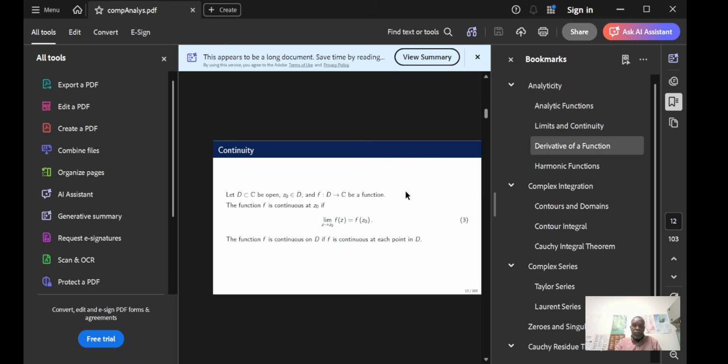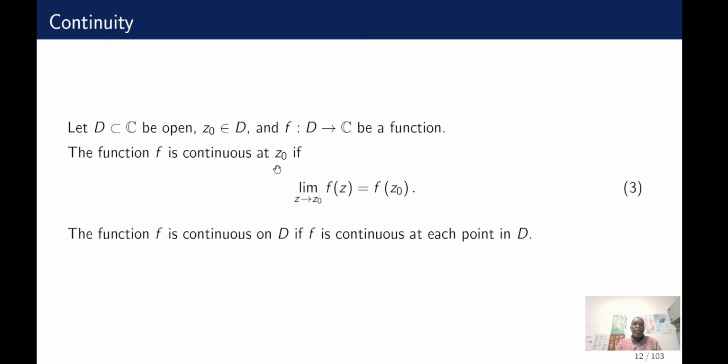So here we are. A continuous function. A function is continuous if this happens. The function will be continuous if, one, the point z is equal to z naught.